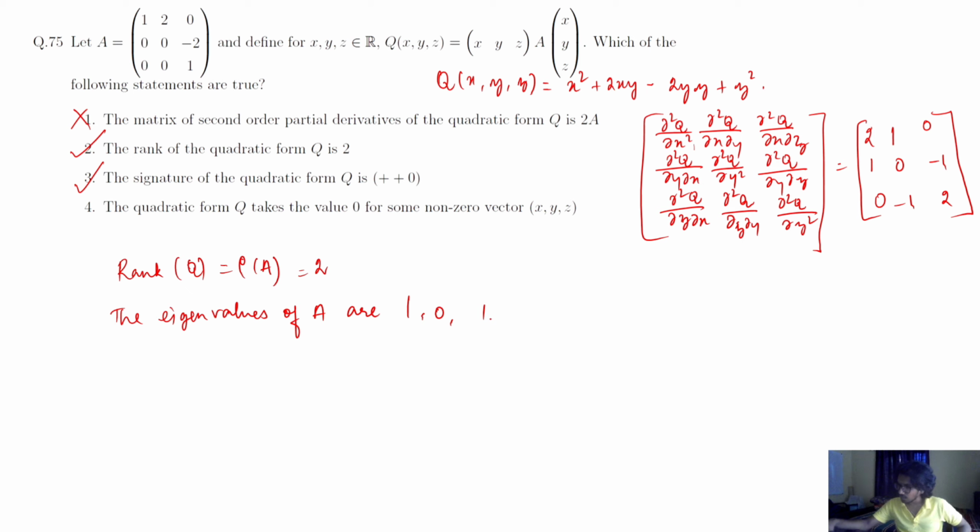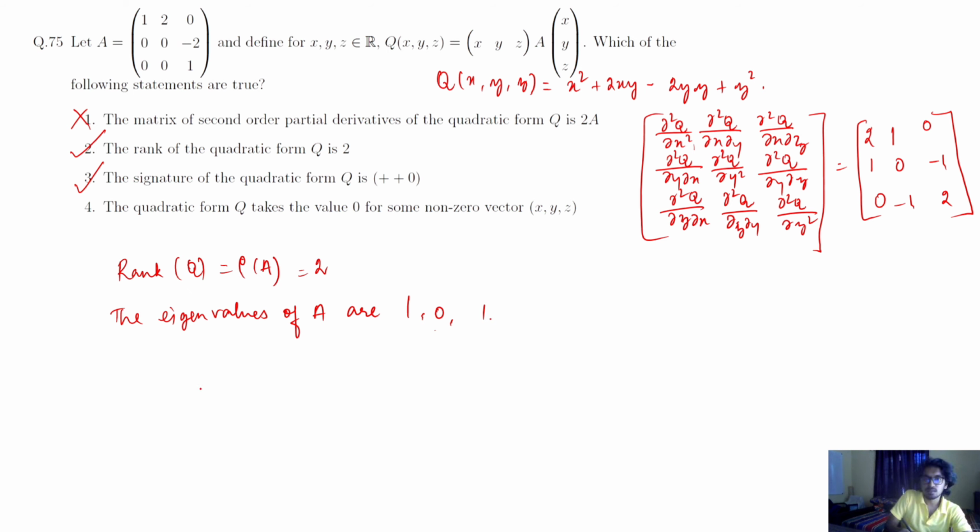The quadratic form takes the value 0 for some non-zero vector x, y, z. Okay, they are claiming that. Just a minute. Option 4 claims what? The quadratic form Q takes the value 0 for some non-zero vector.